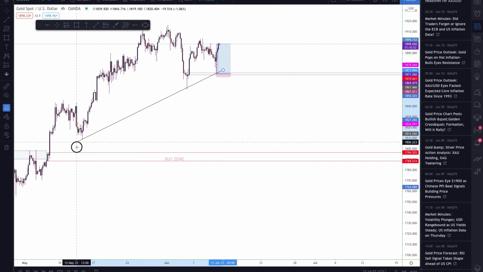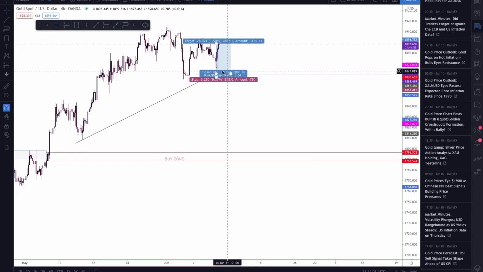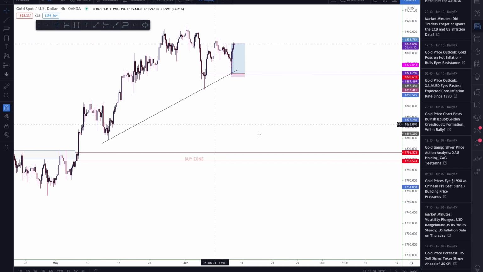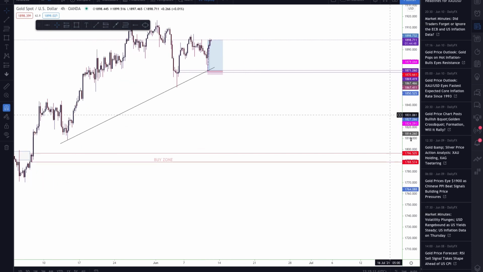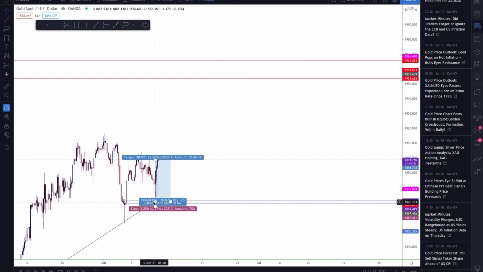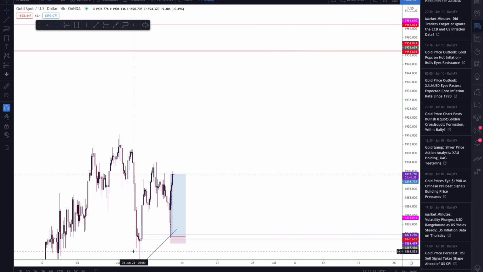Sorry guys. Trend line. So you see another confluence there. So we have about 3 different confluences now.